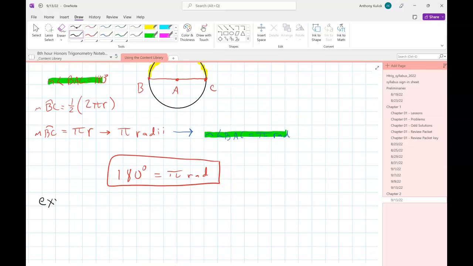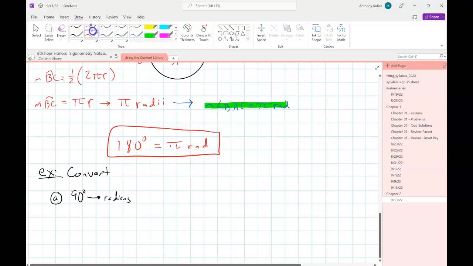All right, let's do a couple of quick conversion examples. Let's say I want to convert 90 degrees to radians. The way I'm going to approach this is like a unit conversion problem.